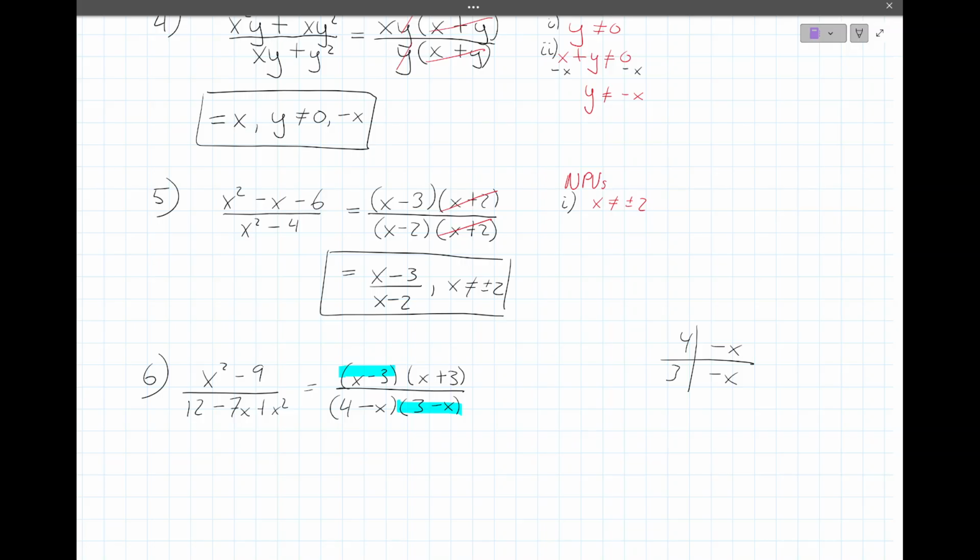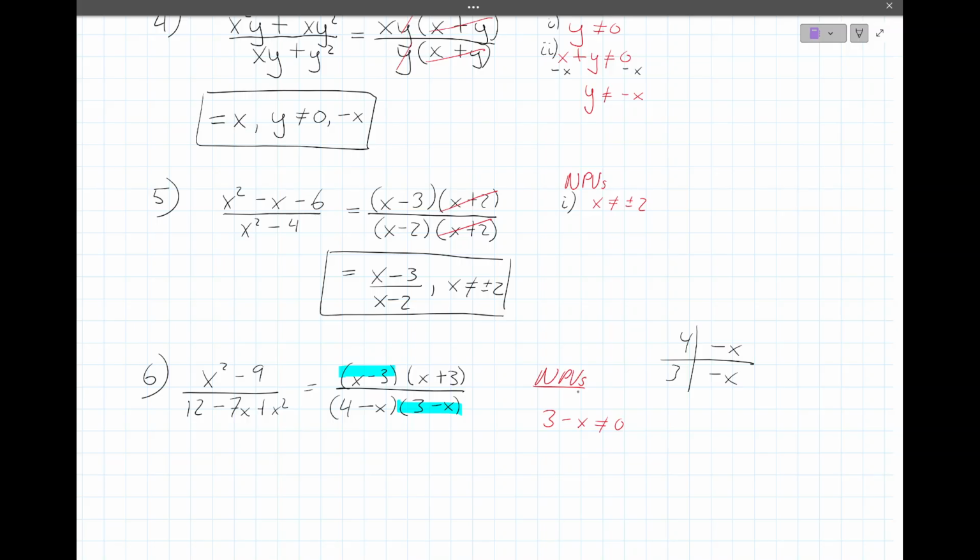So what I'm going to do here is two things first. Let's just get the non-permissible values. The non-permissible values here are going to be x cannot equal 3 and 4, right? If I had, let's do that the long way, 3 minus x cannot equal 0.